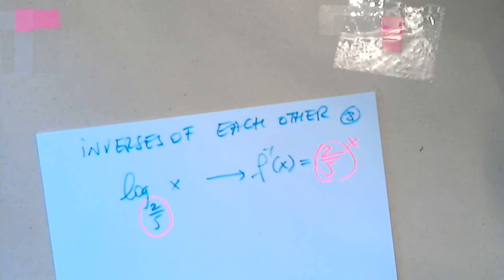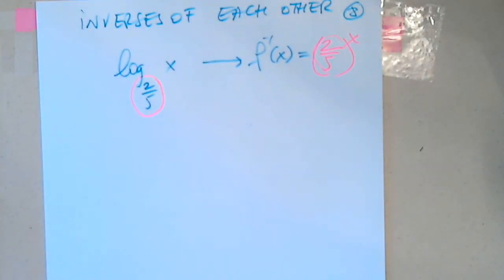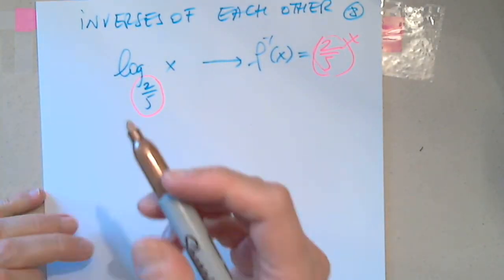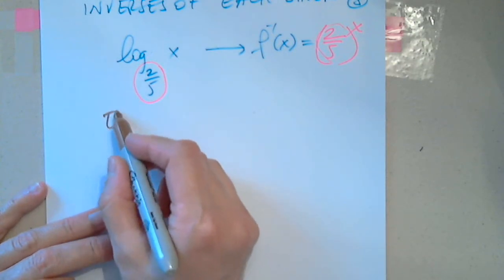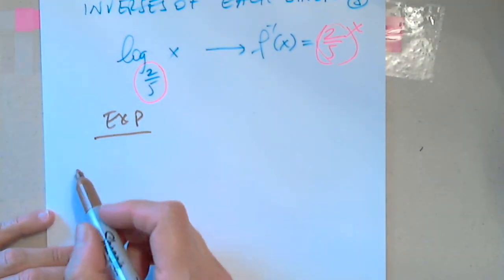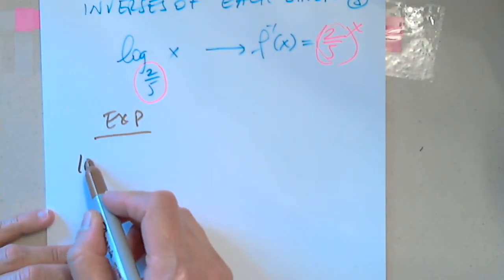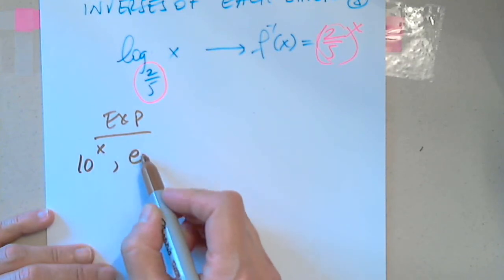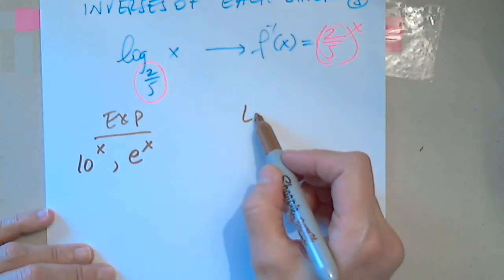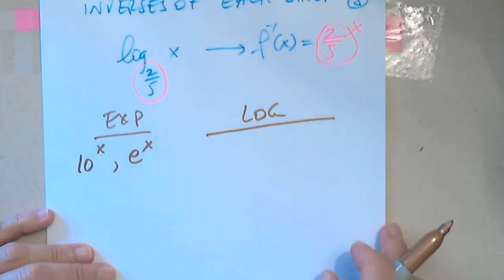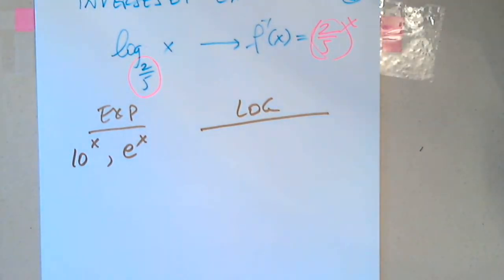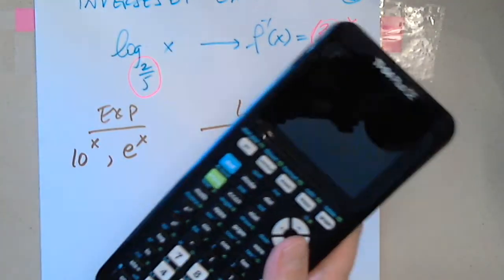Two special log functions before we continue to look at something else. Remember in the exponential, we had two special exponential functions, 10 to the x and e to the x. Of course, in log, we're going to have the corresponding ones. Here's why.